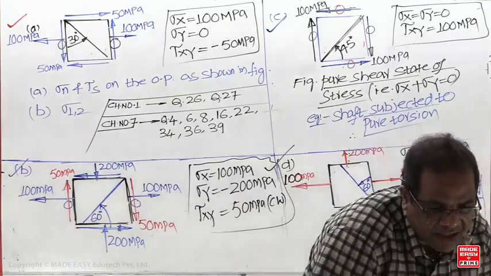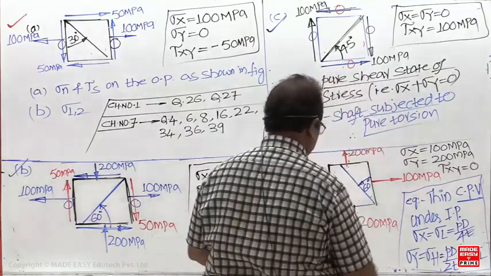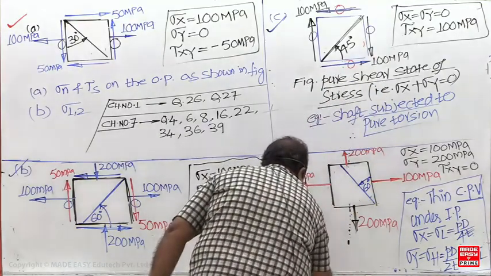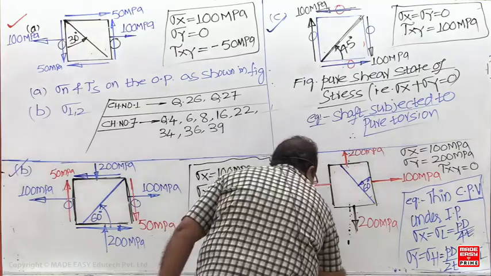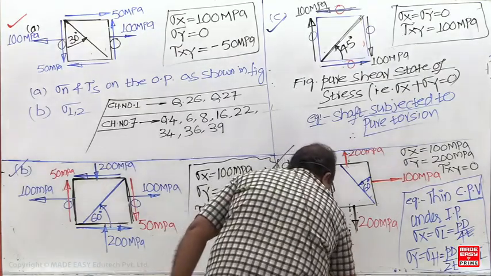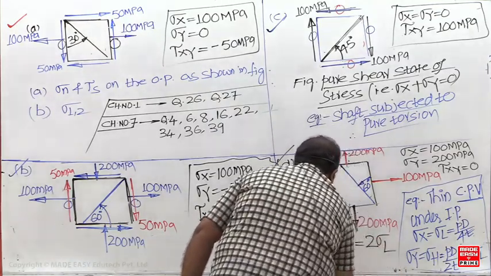The value of sigma y is not showing on the slide. Sorry, so I am writing here: sigma y will be hoop stress, PD by 2T, which is equal to 2 times the longitudinal stress.